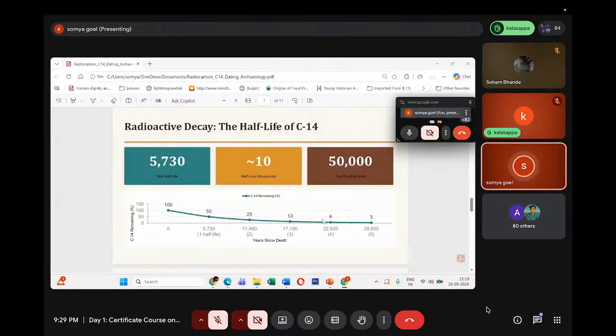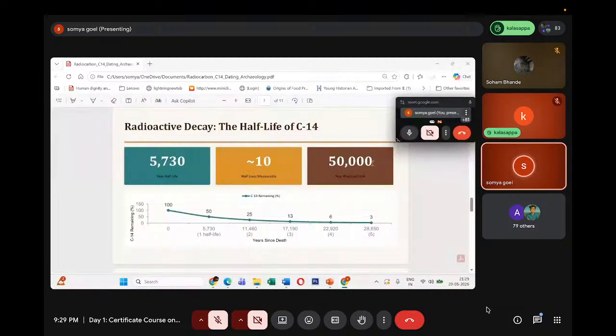Now we can measure up to 10 half lives. Why 10 half lives? Because after 10 half lives, the remaining carbon becomes so little that it is practically not reliable and very difficult to measure. If we convert these 10 half lives, it comes to around 50,000 years.